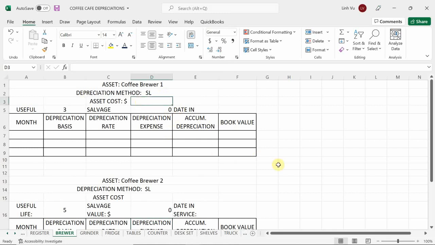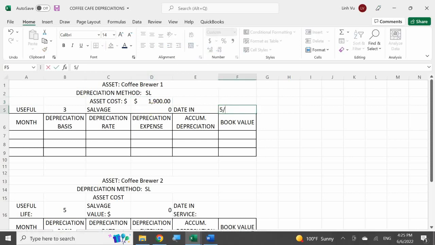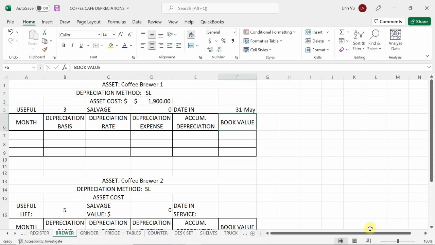So the asset cost for the first coffee brewer is $1,900. And when did I place it into service? I placed it into service on May 31st. So that means for sure we are going to depreciate it for the month of June.